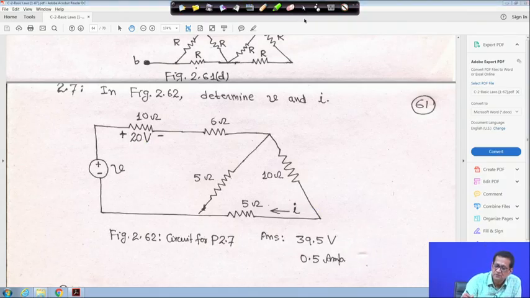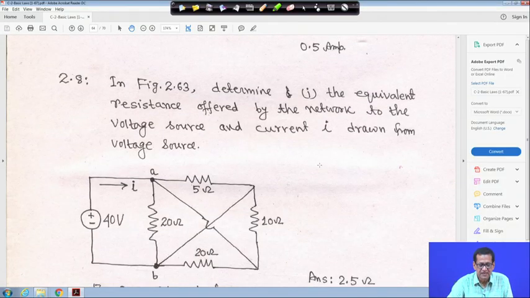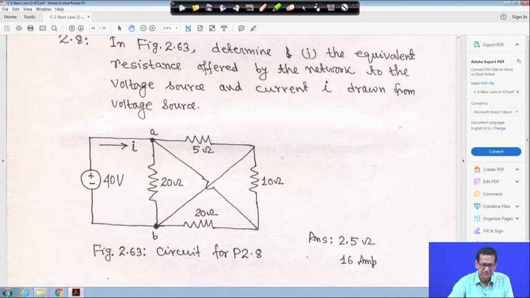Then one more in this figure. The first one, you have to find out the equivalent resistance offered by the network to the voltage source and the current I drawn from the source. That means you have to find out RAB, the equivalent resistance.